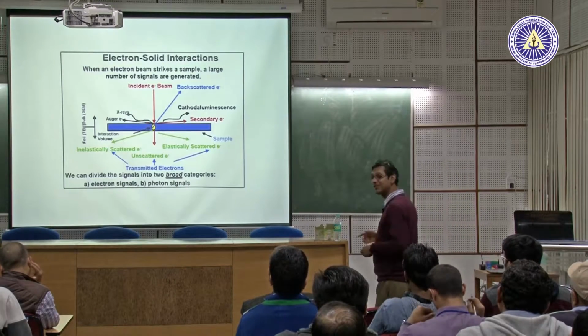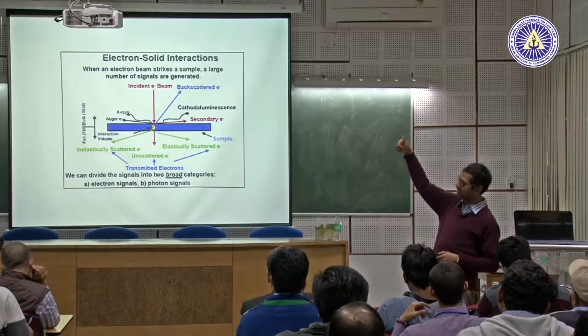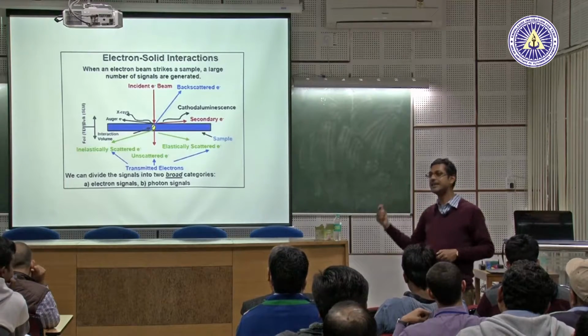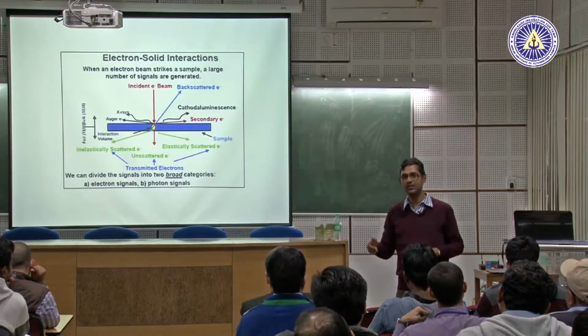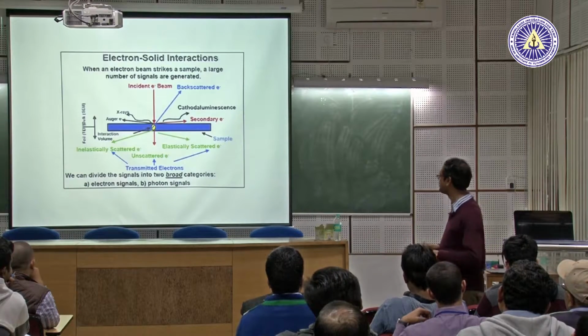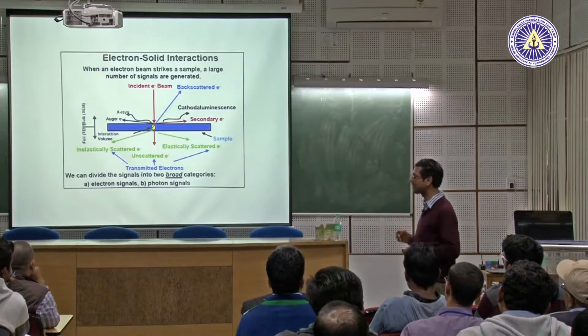And Auger electron is a 3 electron process. The moment the electron from the outer shell jumps to the inner shell, it releases energy. That energy can eject another electron from the outer shell. That is called an Auger electron. These are the subtle differences between these two. So this is a 3 electron process, this is a 2 electron process. You have to understand that.